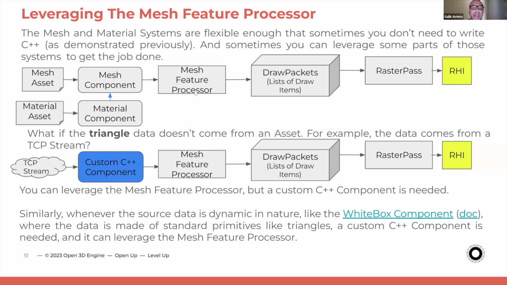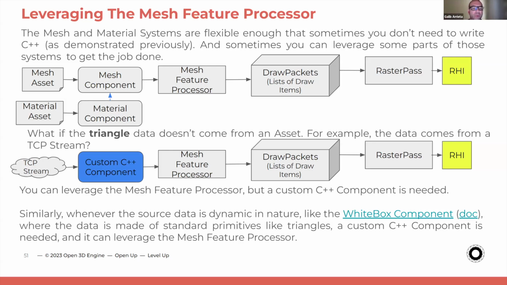Alternatively, you can leverage the mesh feature processor itself and create your custom meshes. For example, let's say you want to create a client-server application where you have a TCP server in the cloud generating meshes on the fly, and you have the O3DE engine as a client connecting to the TCP stream.